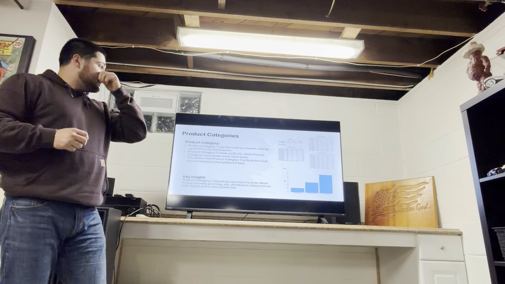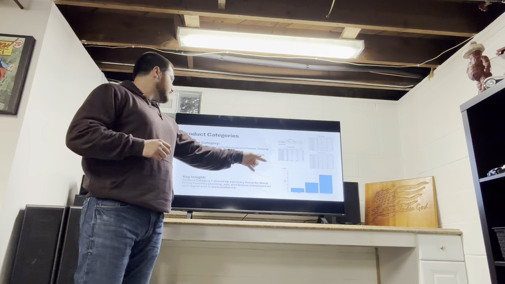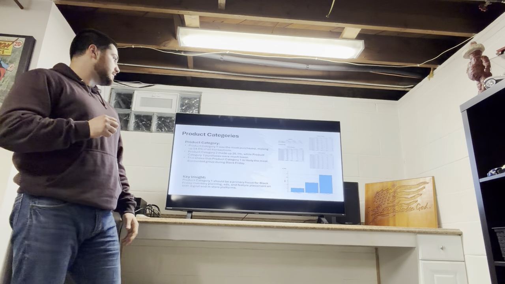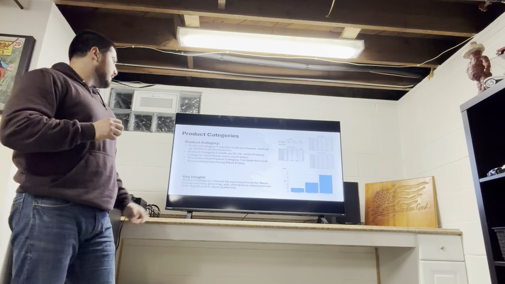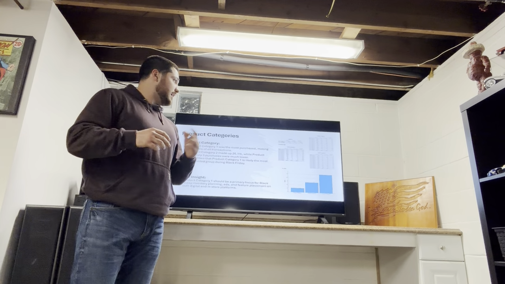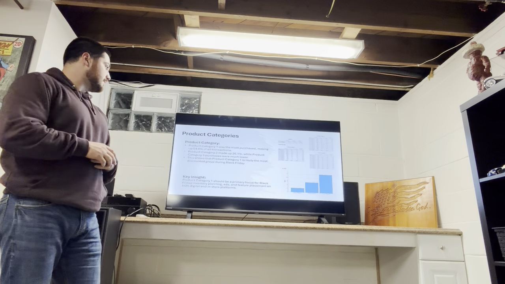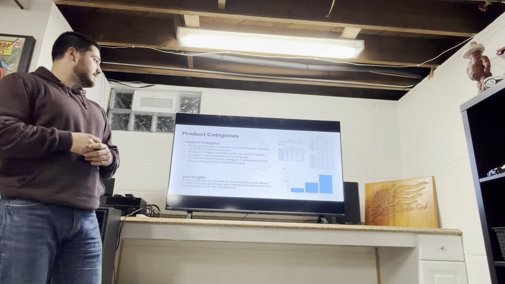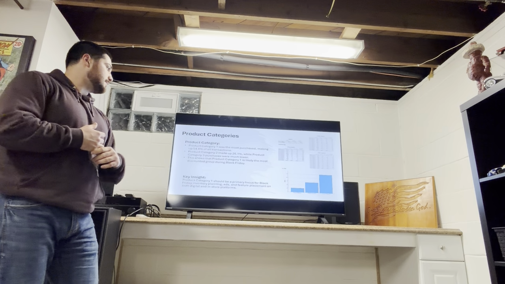Now moving on to each product category. As you can see in the bar chart there, product category 1 was the most purchased, making up 54% of all transactions. Product category 2 made up about 26%, while product category 3 was much lower.